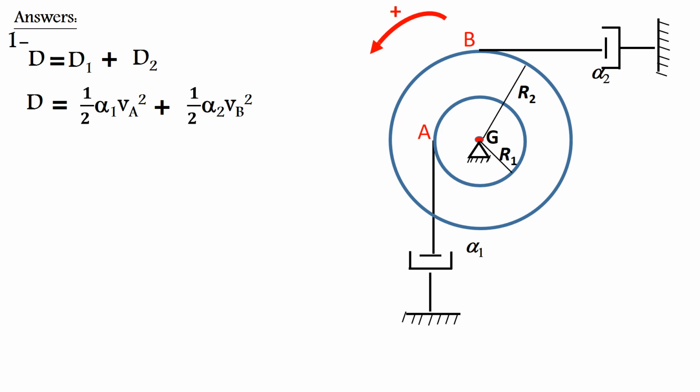Now it comes to calculating the velocity of each point. In general, each point has two kinds of velocities: translational velocity plus rotational one.